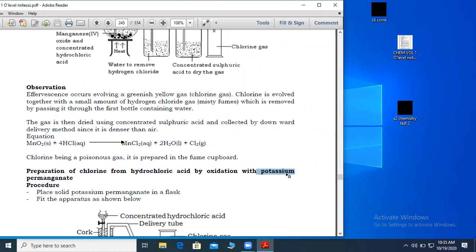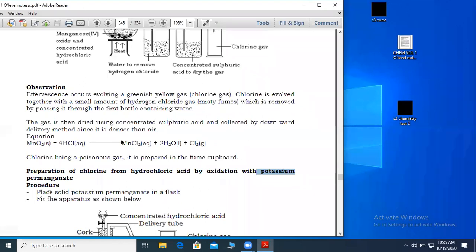When I tell you to describe how chlorine is prepared using potassium permanganate, please don't use manganese 4 oxide. You are going to get 0. So both these two substances, they can be used to prepare chlorine, but we can ask you to use one of them. So use that one that we have talked about.